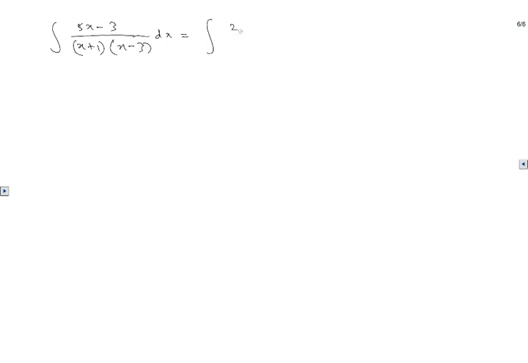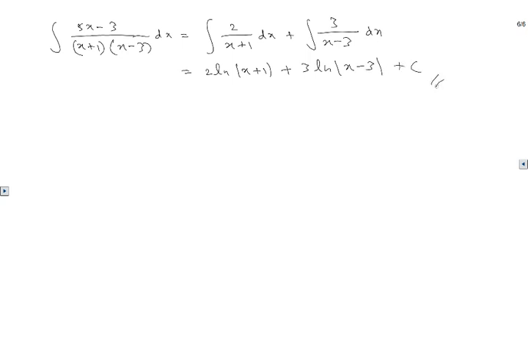The first term is 2 over x plus 1 dx, plus the second term, 3 over x minus 3 dx. So this is 2 ln|x plus 1| plus 3 ln|x minus 3|, using the formulas. So that's the answer, and that's how we do the integral.